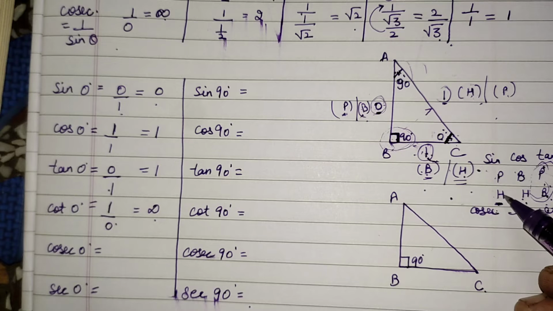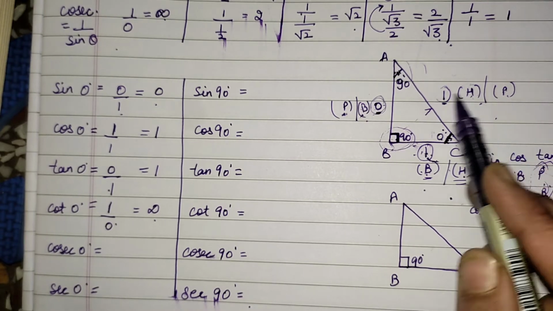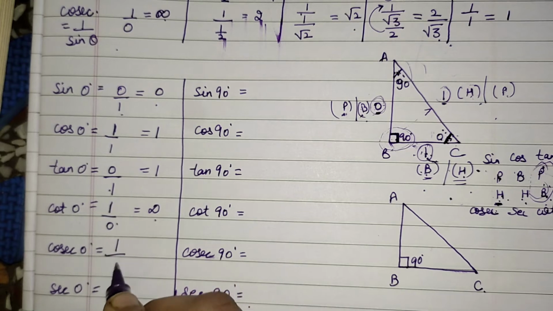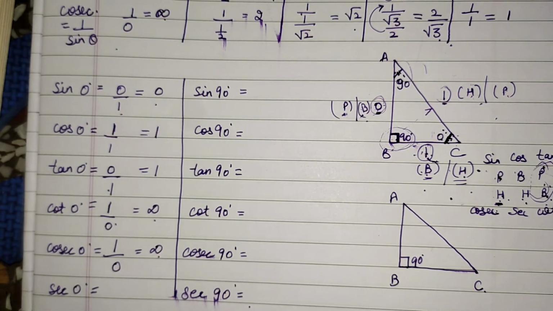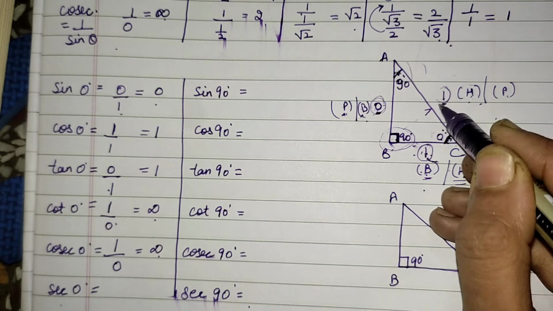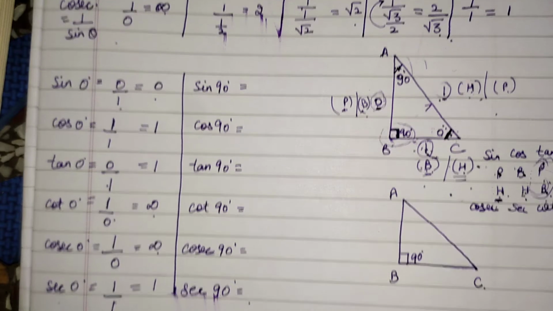Cosec theta is hypotenuse by perpendicular. Hypotenuse is my 1, perpendicular is my 0. So again 1 by 0 is going to be infinity. Now coming to secant 0. Secant is hypotenuse by base. Hypotenuse is my 1 and base is my 1. So secant 0 will be equal to 1.